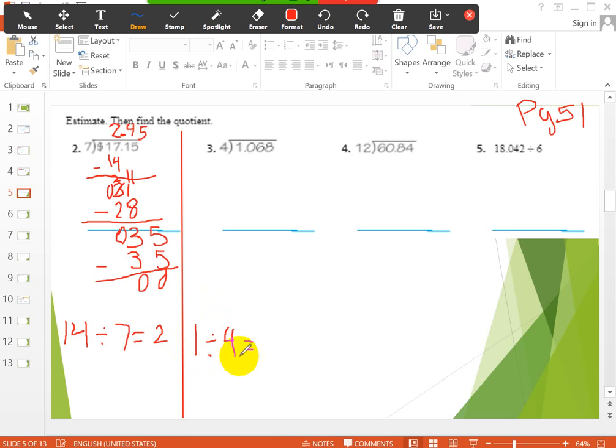So 1 divided by 4. If you want to divide 1 by 4, you can use the ladder, or you can write it as a fraction.